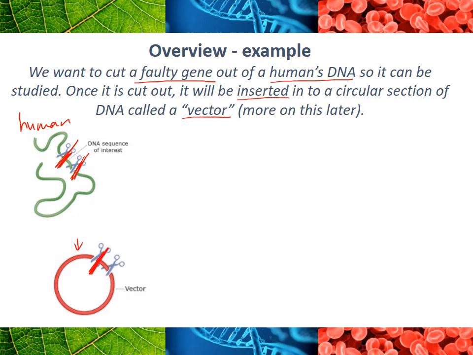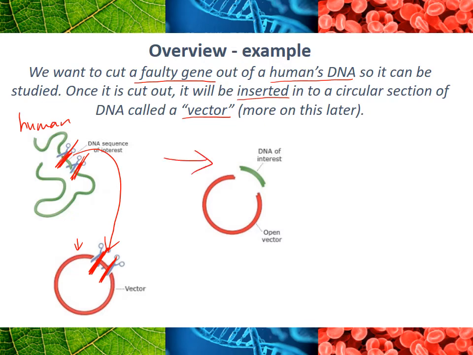So we need to cut that open so that we can insert the gene in here. So you see here, we've cut out a section of DNA from here. We have opened up this vector, and then we can insert the gene into the vector. Okay, hopefully by the end of this lesson, this makes a bit more sense and you can understand the steps of doing that.